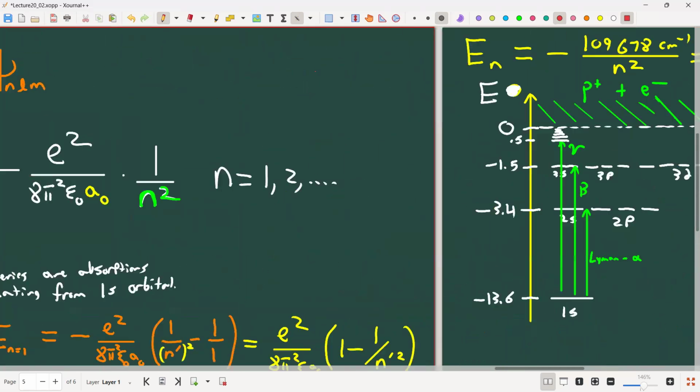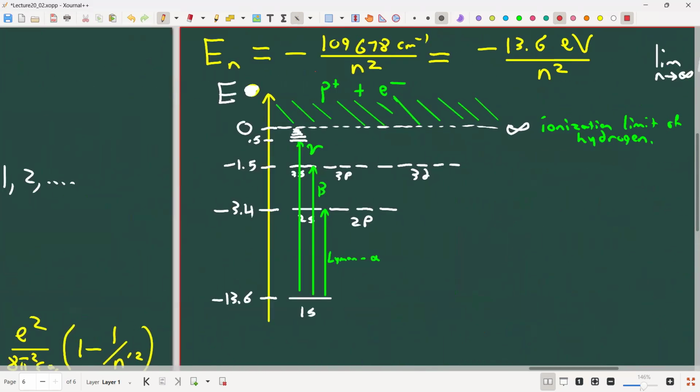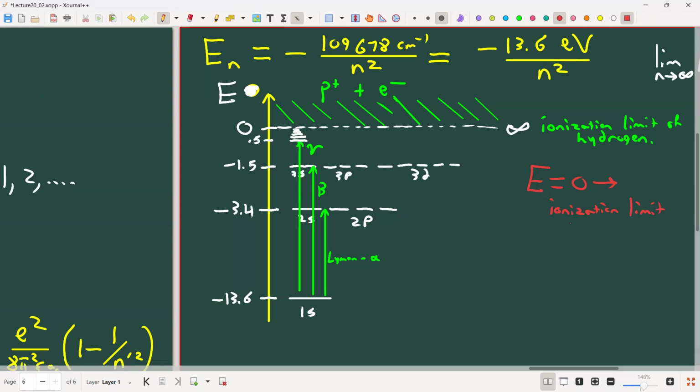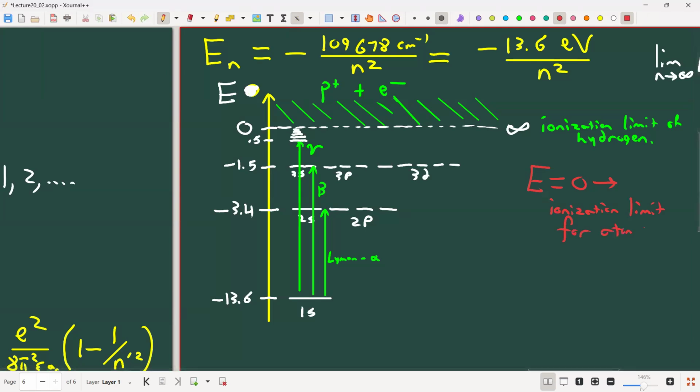Okay, so when we talk about hydrogen, when we talk about atomic energy levels, we often reference them with negative energies because the definition is that zero energy is the ionization level. This is a very common way for us to do this. It's just a relative scale of energy.